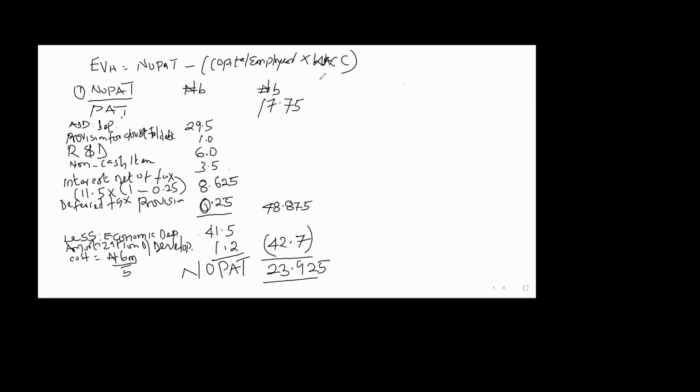Next, this is working 1. Your working 2: adjusted capital employed. Please start with opening capital.